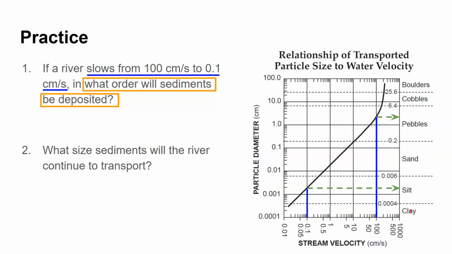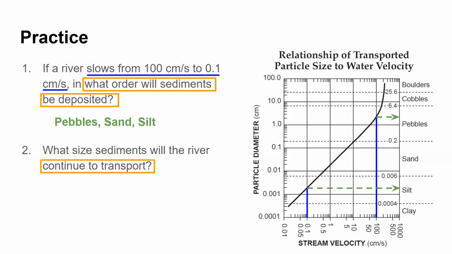So to answer the first question, what sediments were deposited, since water deposits the largest sediments first as it slows down, pebbles are deposited first, all of the sand is deposited, and then a bit of silt-sized particles is deposited. So in what order are the sediments deposited? Pebbles, sand, and silt.